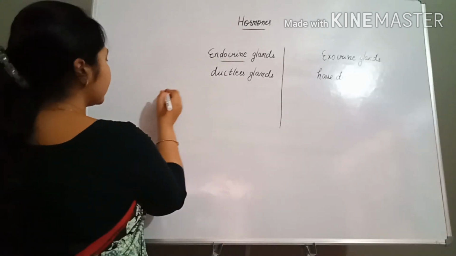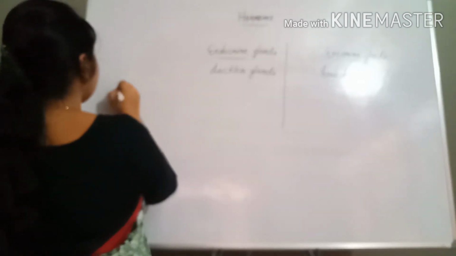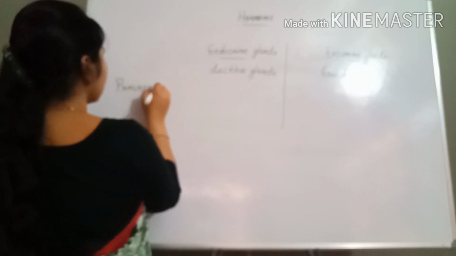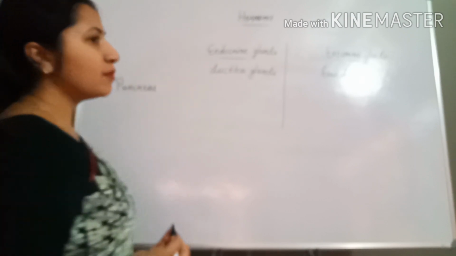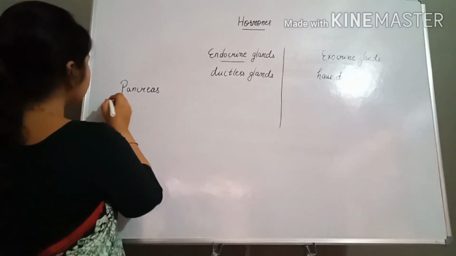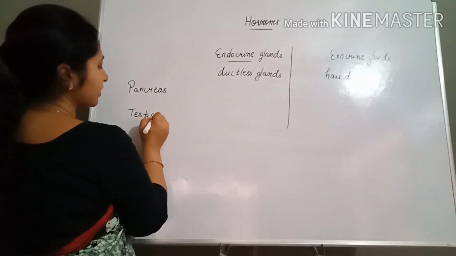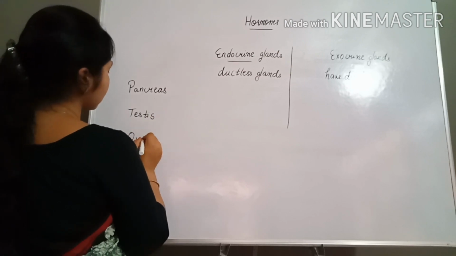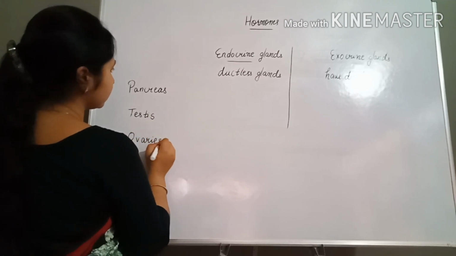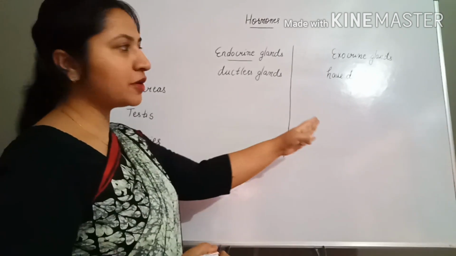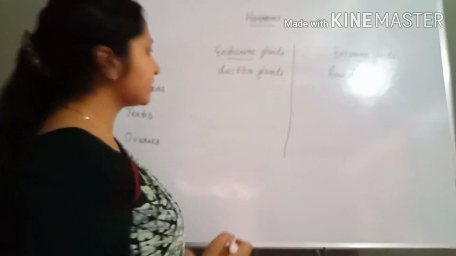Now I will take the example of the pancreas. Some glands in our body like the pancreas, testes and ovaries act as both endocrine as well as exocrine glands.